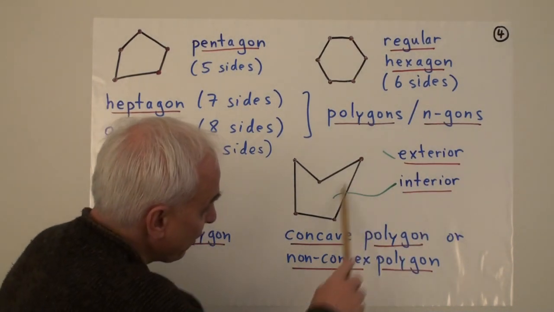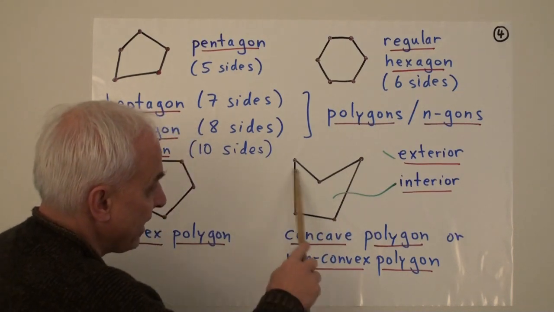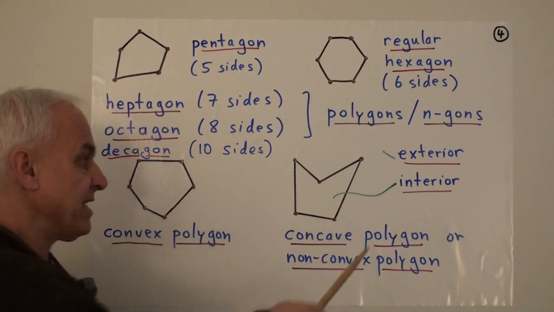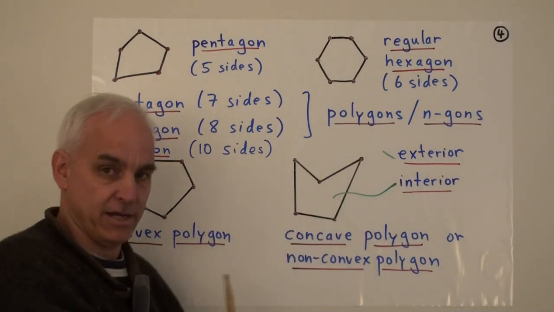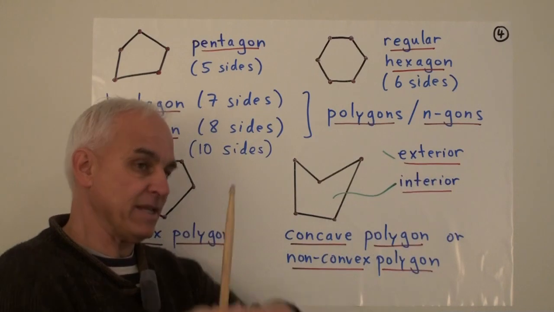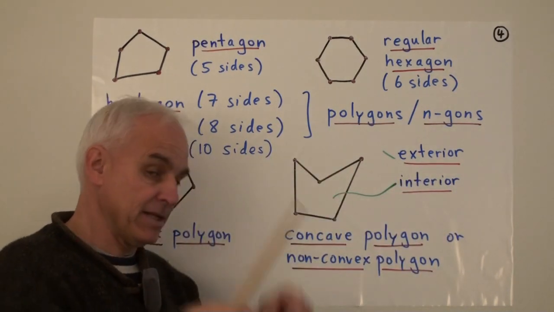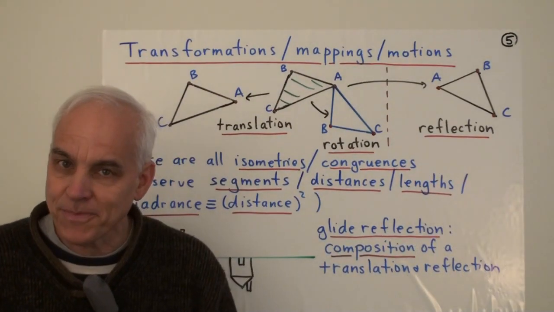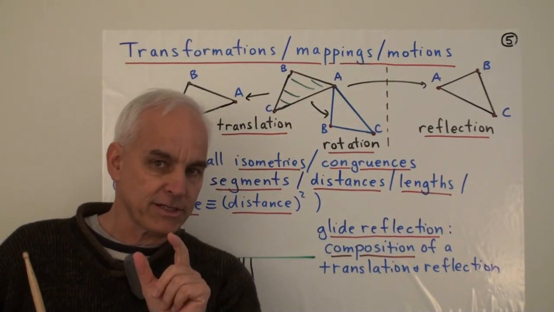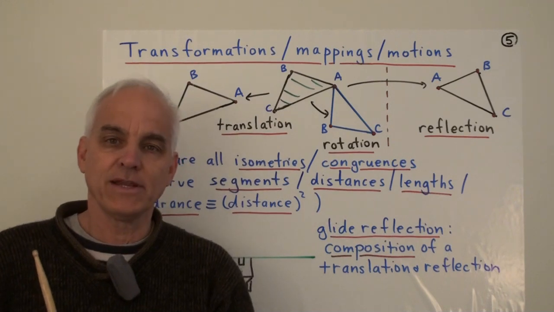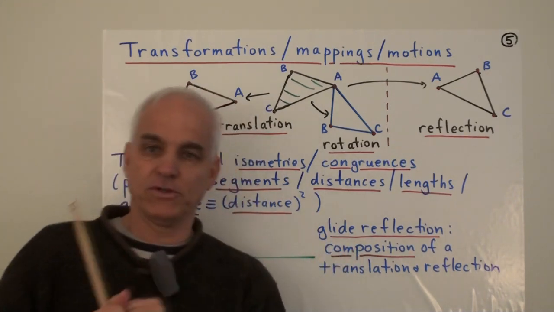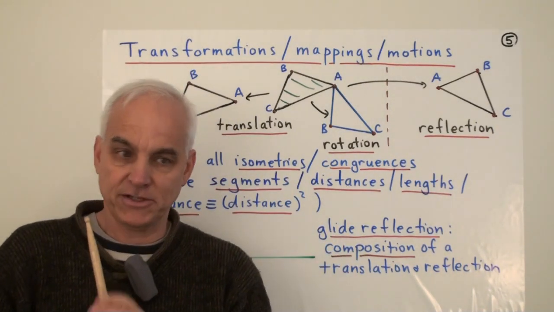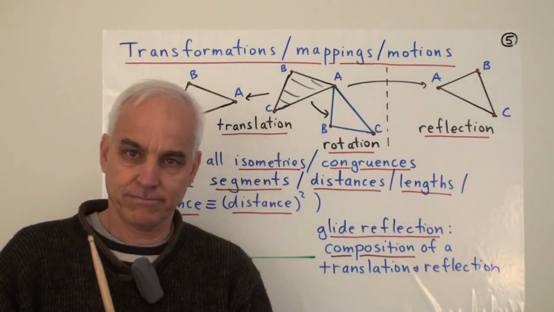When we're talking about the interior of the polygon, that's this region here. Complementary to that is the exterior, the outside. All right, so exterior means outside, interior means inside. When we study geometry, we study not only objects, but we also study the motions of those objects, ways that we can move objects to create new objects.